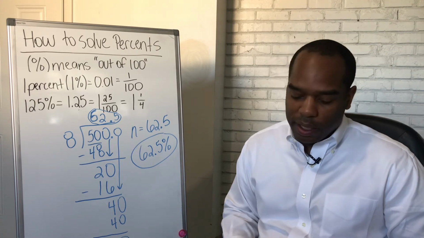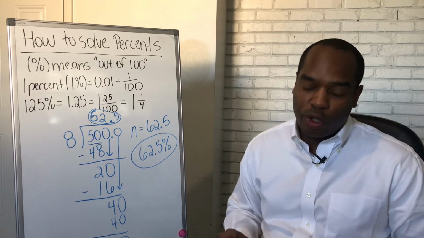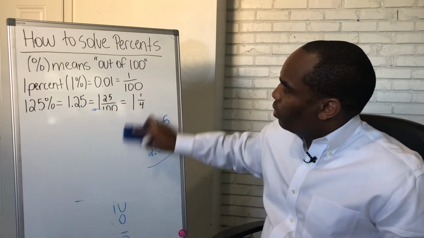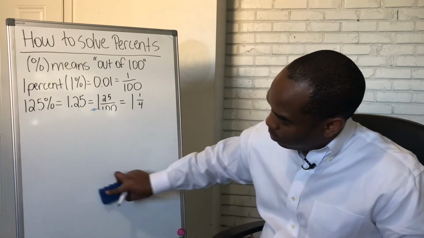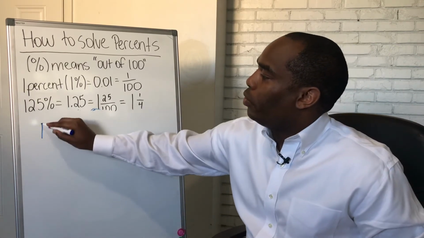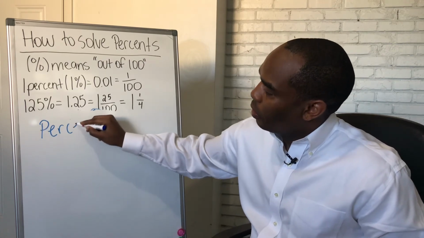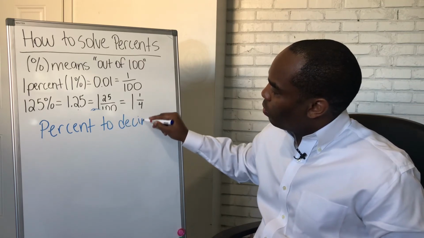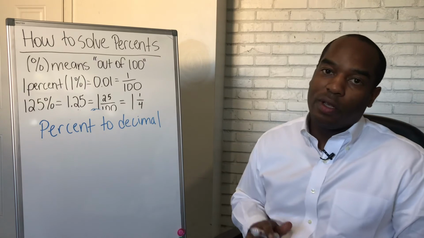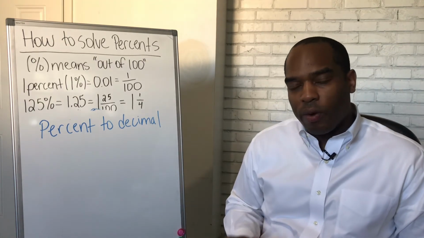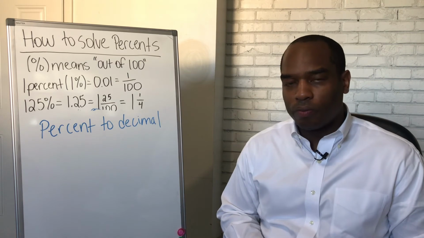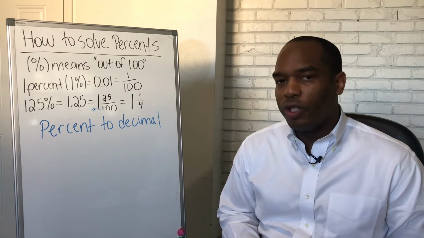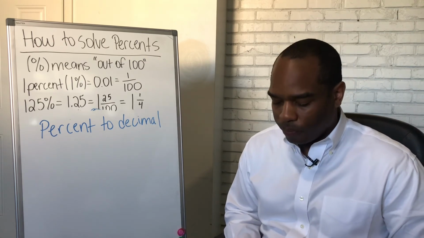And now lastly, let's look at how to go from a percent to a decimal. This one is not as complicated. It's a little bit easier. Remember, at any point along the line, if you have a question, please feel free to go back to that part of the video as many times as you need to until you get understanding.